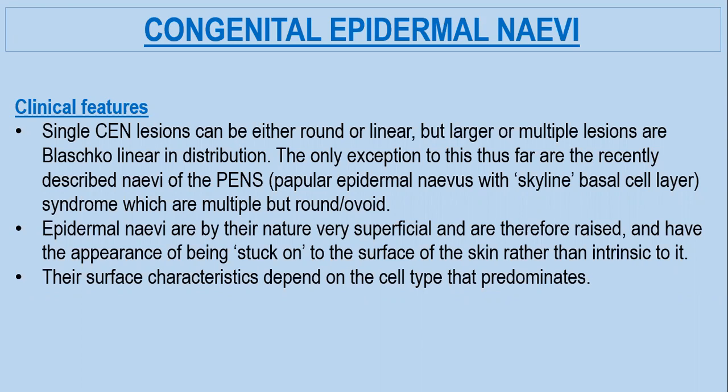The epidermal nevi are by their nature very superficial and are therefore raised and have the appearance of being stuck onto the surface of the skin rather than intrinsic to the skin. Their surface characteristically depends on the cell type that predominates, whether sebaceous or keratinocytic.